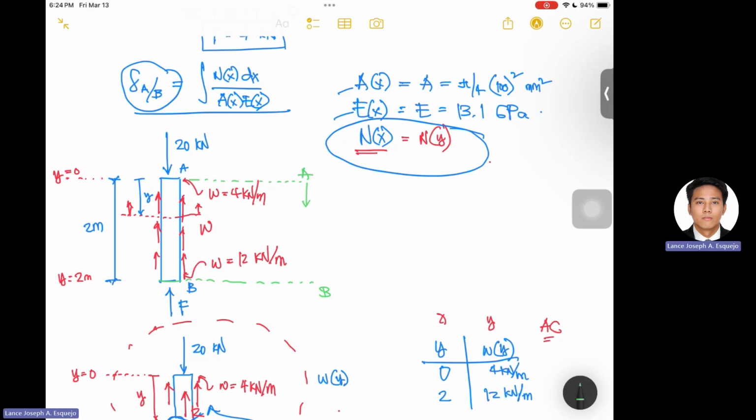Bakit downward? Since this is the original length and the deformation is negative, that means na nagkaroon tayo ng contraction. So for it to contract, the movement should be from point A to point B.